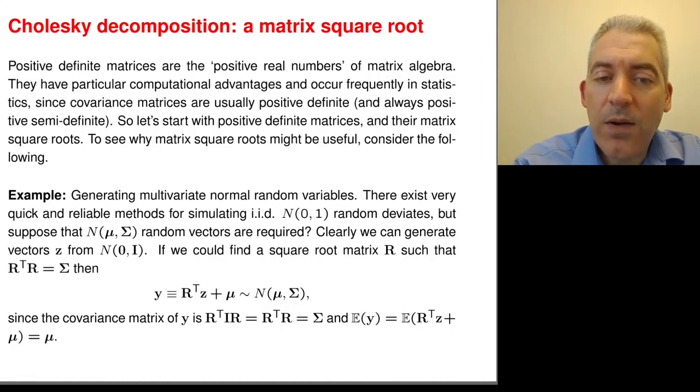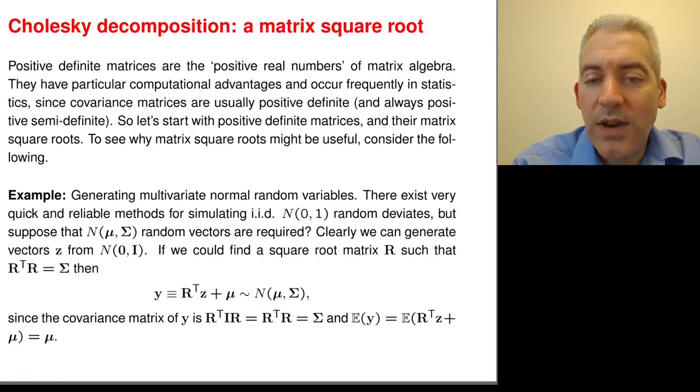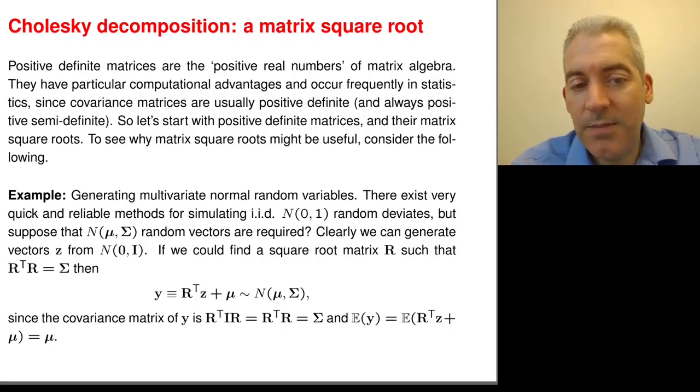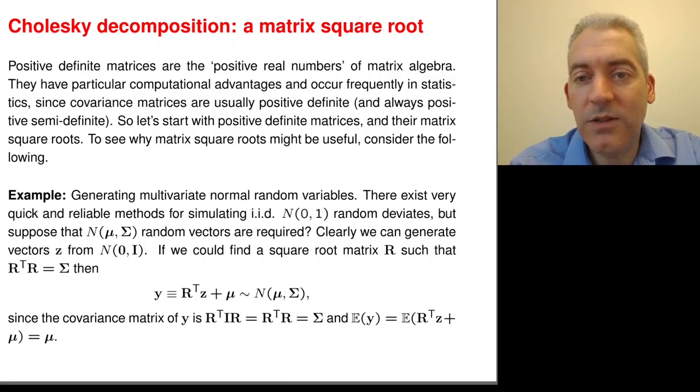If you think about it, if you could find a matrix R such that R transpose R was equal to sigma, and it's maybe not obvious that you can do that, but let's just go with it.